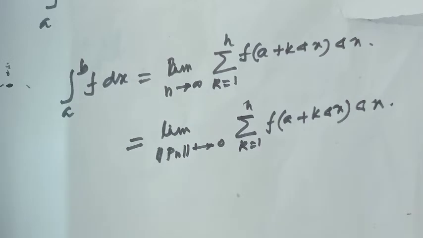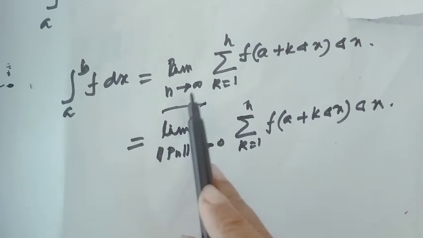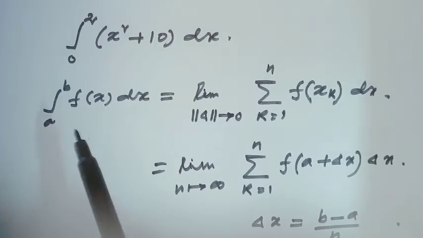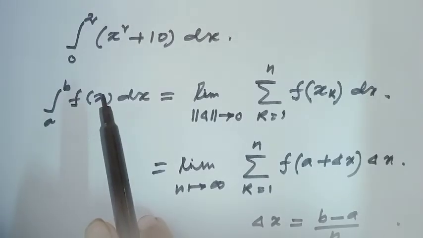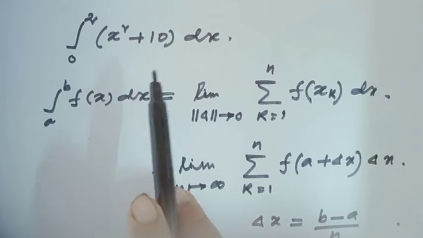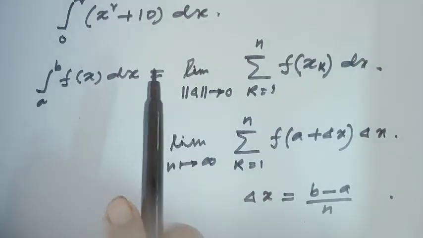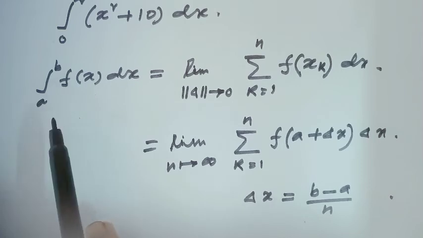Are you getting why I have used this approach? For example, consider the integral from 0 to 2 of x square plus 10 dx. I will solve this by this method.